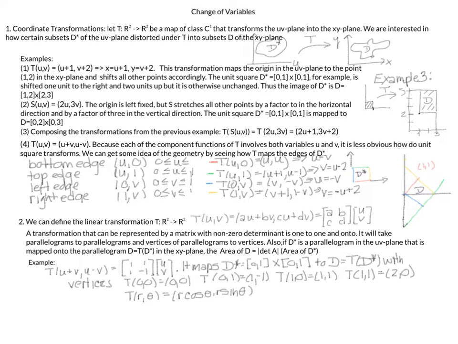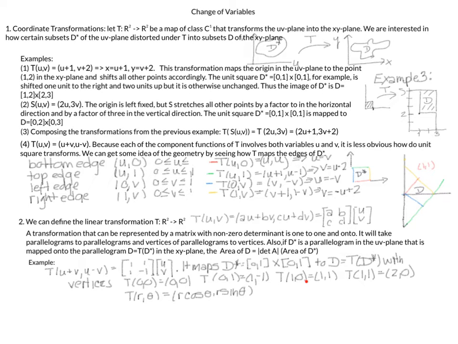transformation here, we kind of did a little bit of work to figure out what happened to the unit square. But actually, all we had to do was map the vertices, because it's a linear transformation, so it'll take vertices to vertices. So I can see that 0, 0 gets mapped to 0, 0. I can see that 0, 1, so where's 0, 1? 0, 1 gets mapped to 1, negative 1, which is over here.